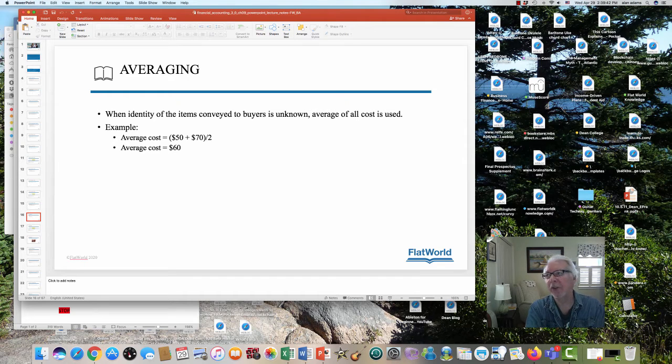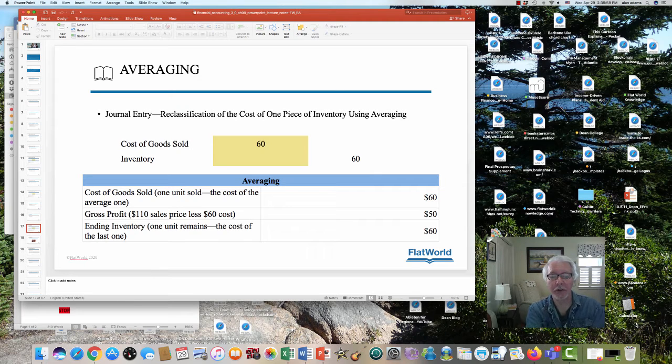Grab one of them. What's the average price? 120 divided by 2 is $60. Okay, that's fine. I'll average my cost, and I'll assume every shirt that I have is worth $60. So when I pull a shirt out, it's going to be $60. That goes to cost of goods sold and is relieved out of inventory at $60.